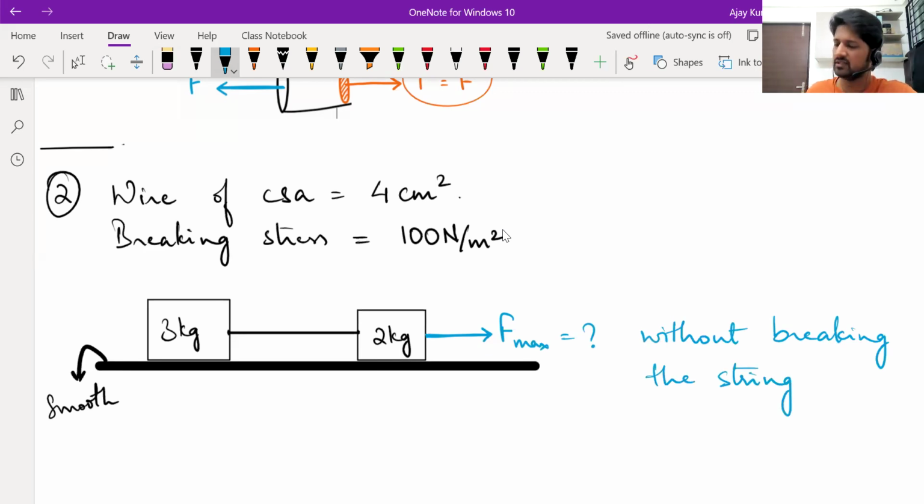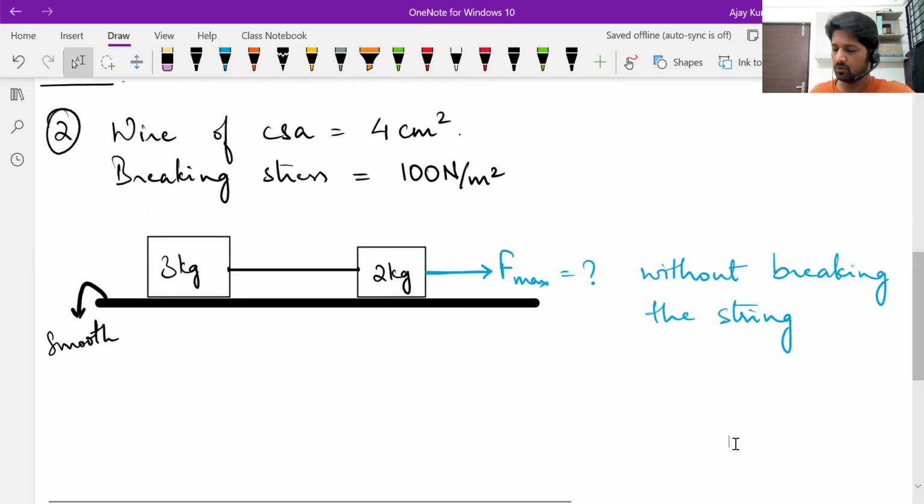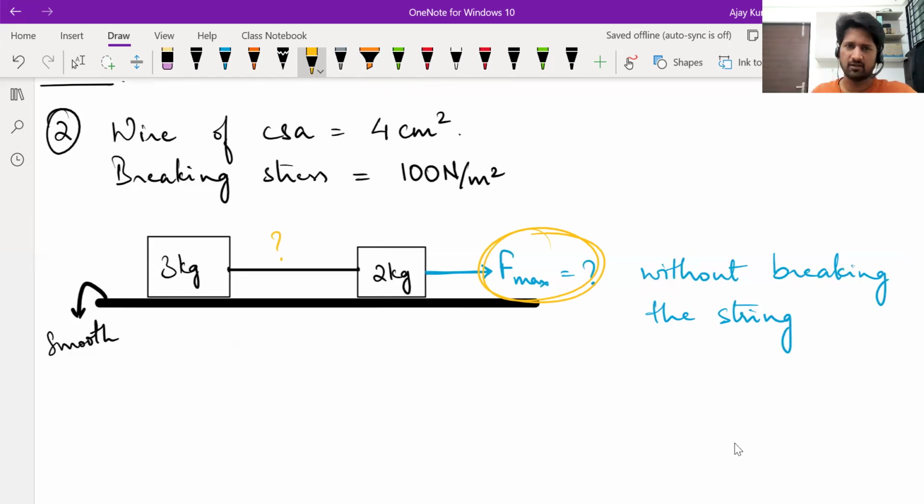If you're asked a question like this, the first thing you need to do is think of how this force is related to the breaking of this string. I already told you, that force generates tension in the string. So how you proceed here is assume some force F. Don't take any numerical value, let it be F itself.